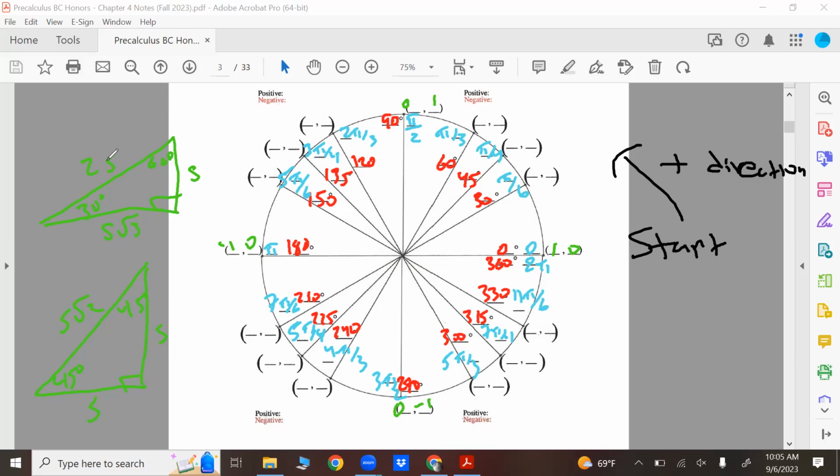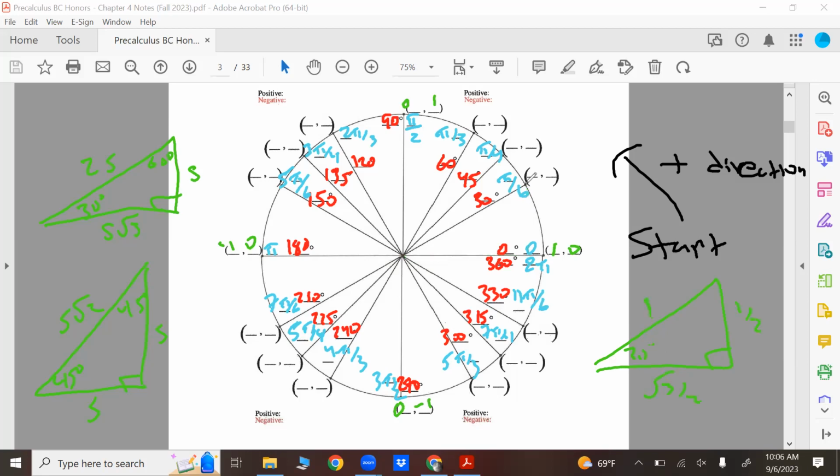But with that knowledge, let's look at 30 degrees. If this is 1 and that's 30 degrees, how long is the vertical leg? 1/2. How long is the horizontal leg? And that's going to coincide with this coordinate plane, right? It coincides.